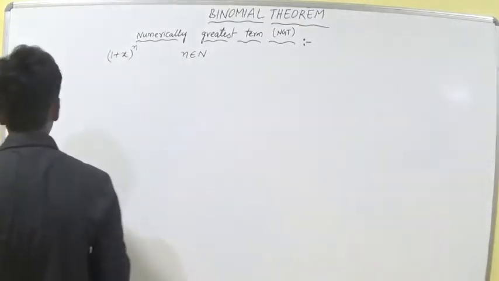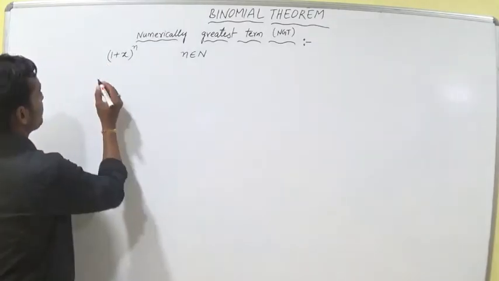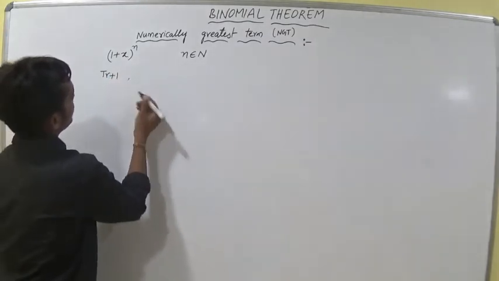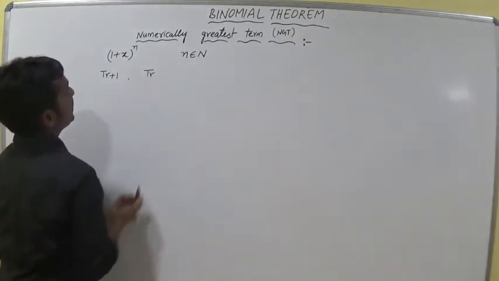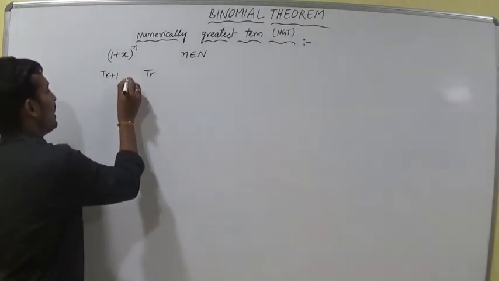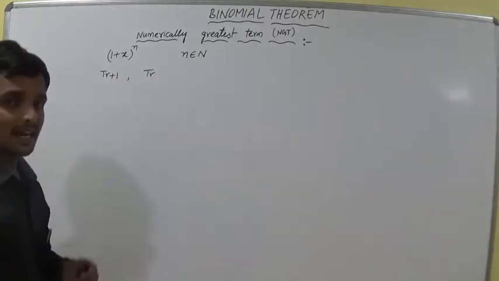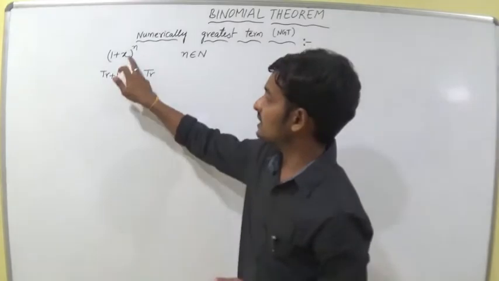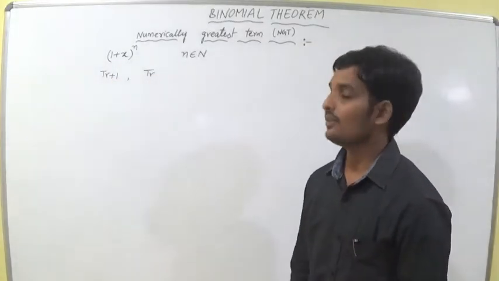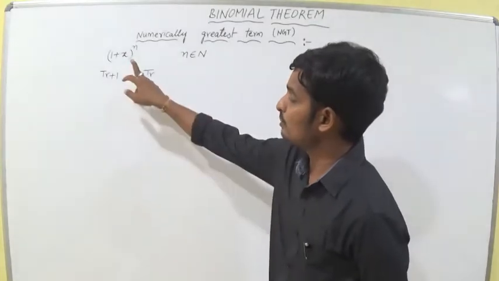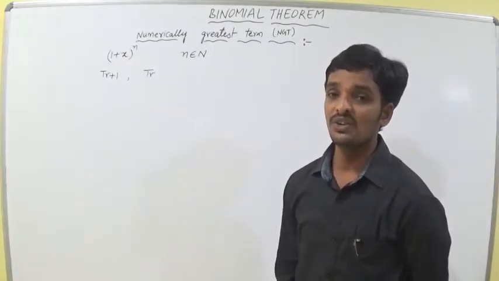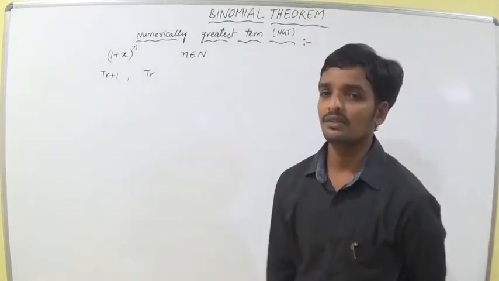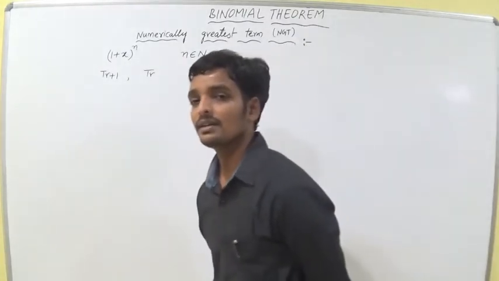I am writing two terms, t(r plus 1) and t(r). t(r plus 1) is the (r plus 1)th term, t(r) is the rth term. Of the given binomial expansion (1 plus x) whole power n, which is greater, t(r plus 1) or t(r)?